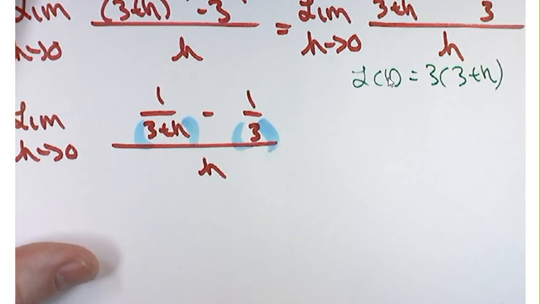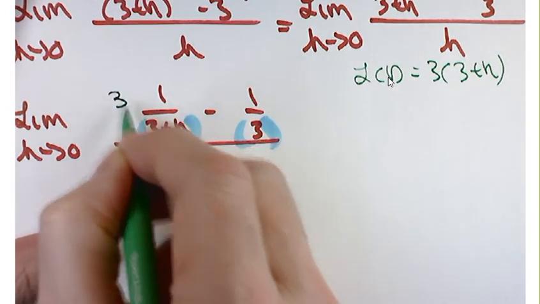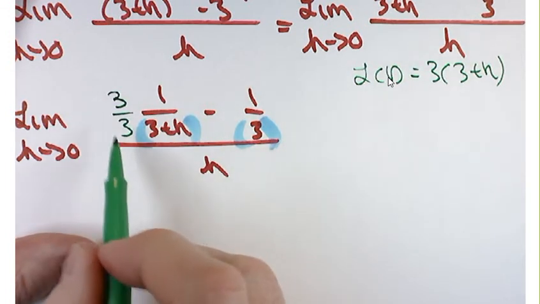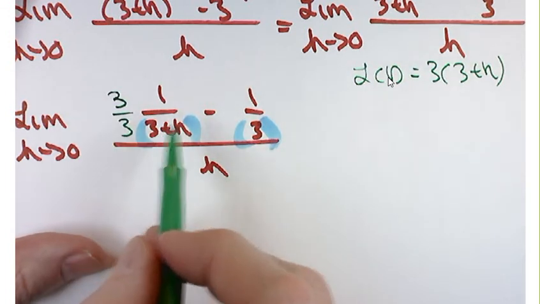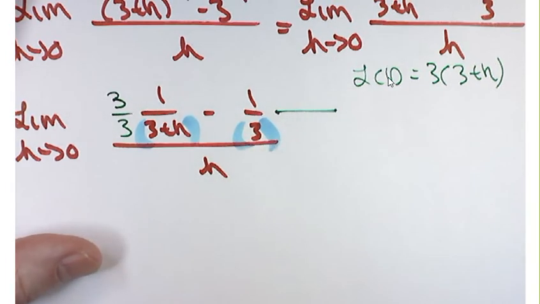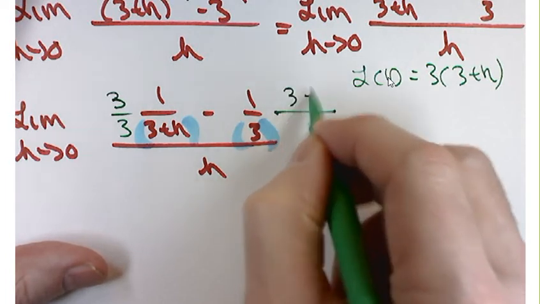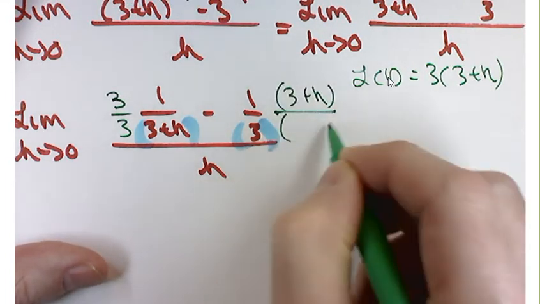So for instance, right here, I'm missing a 3. So I'll write this as 3 over 3 times this. What should I multiply the second fraction by? 3 plus h. Thank you.